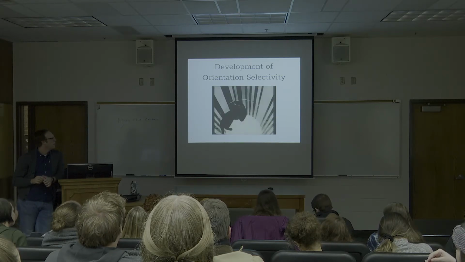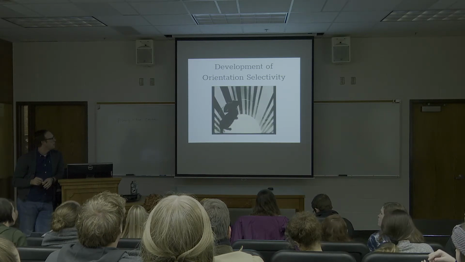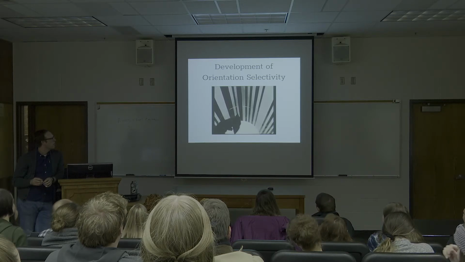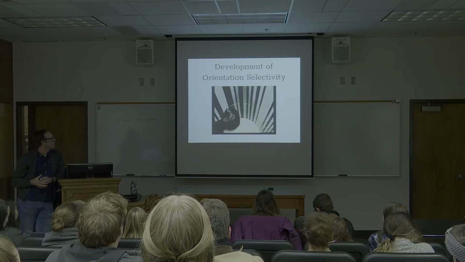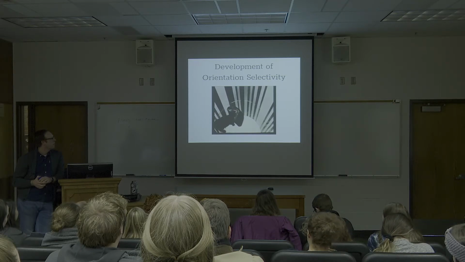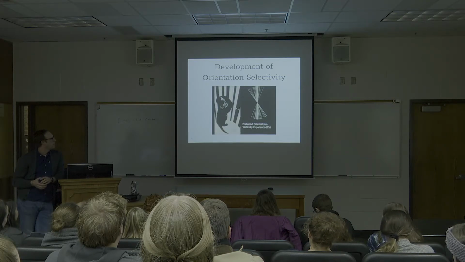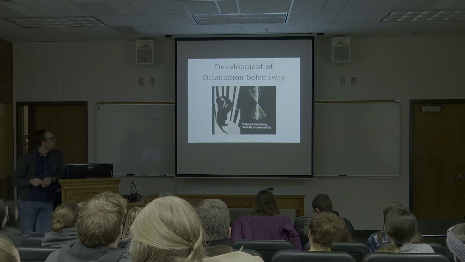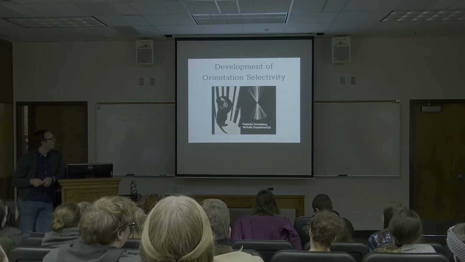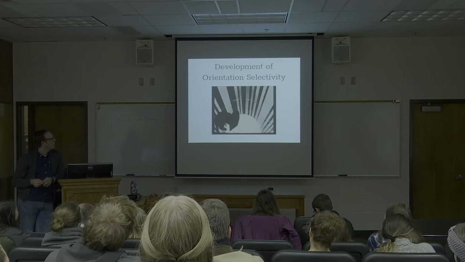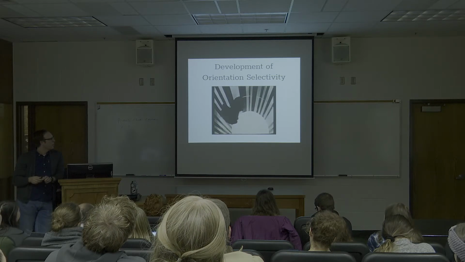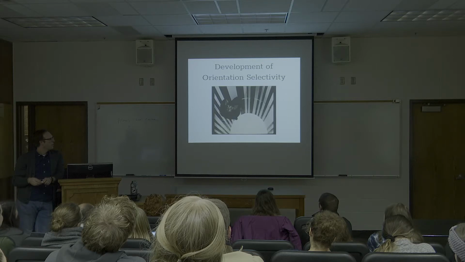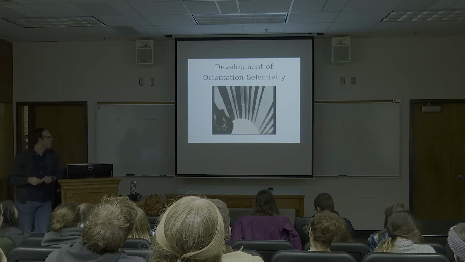In the same way, a kitten reared in vertical stripes is found to have only vertical and near vertical detecting neurons in its visual cortex. This process of environmental modification of the cortex can also only occur during the same 3-week to 3-month sensitive period.